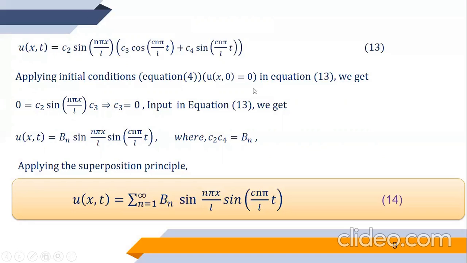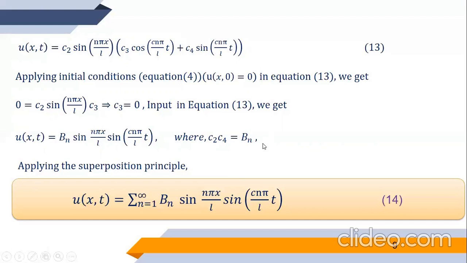And c3 equal to 0, we put in equation 13, then we get u(x,t) = bn sin(nπx/L) sin(cnπt/L), where c2 into c4 is equal to bn, where n is equal to 1, 2, 3 and so on.